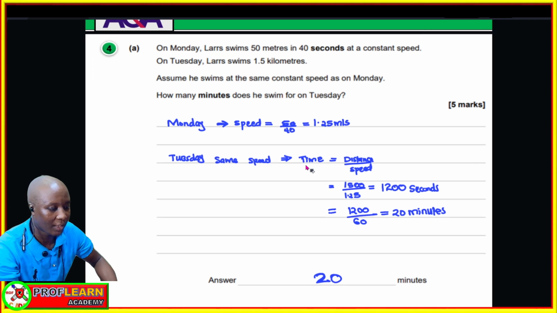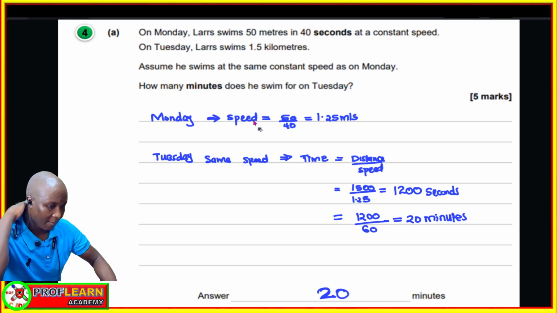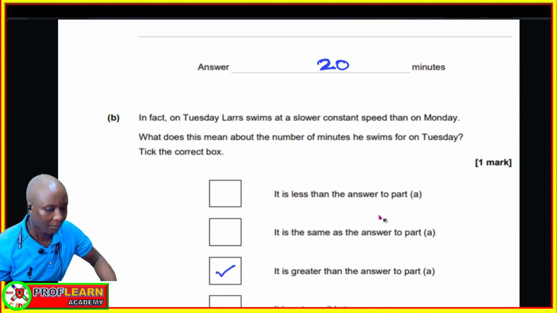We are going to say time is going to be distance over speed. But you have to convert the kilometers to meters before you substitute, to use this constant speed that was given. So once you do that, you get the time on Tuesday first in seconds, then you convert 1,200 seconds to minutes, which is 20 minutes.